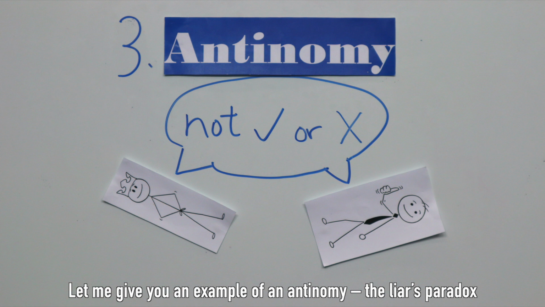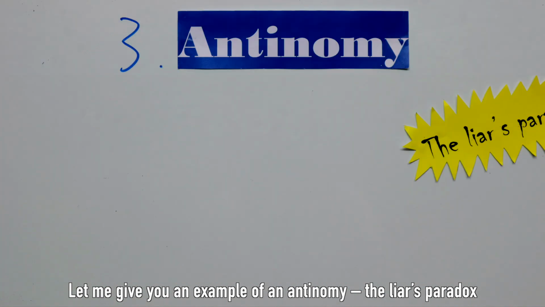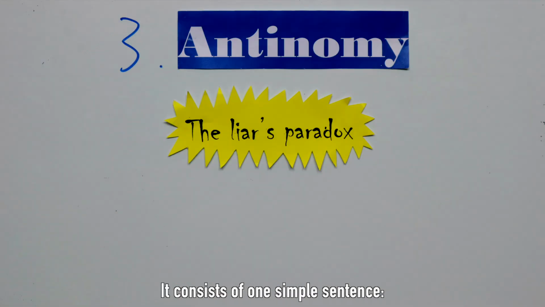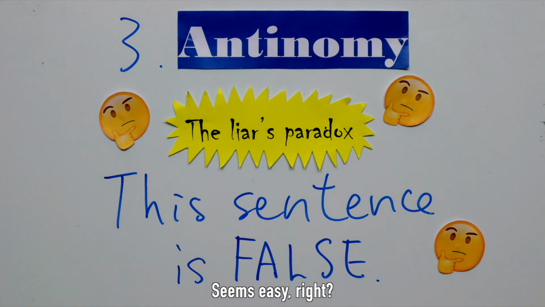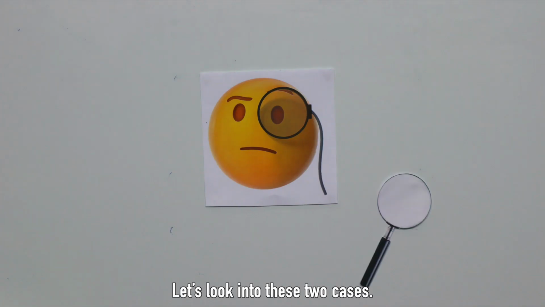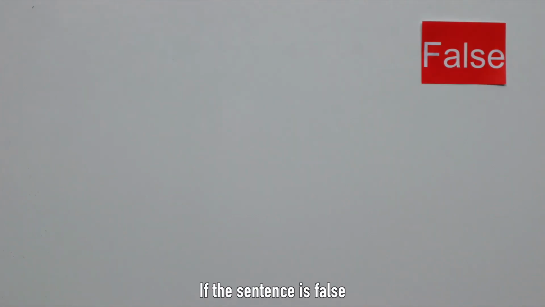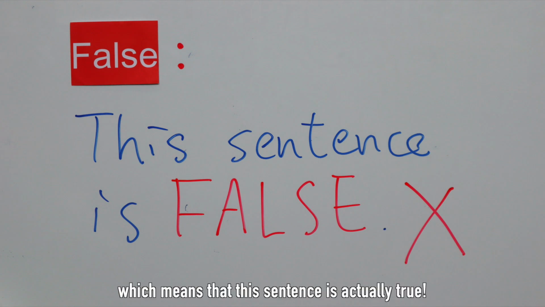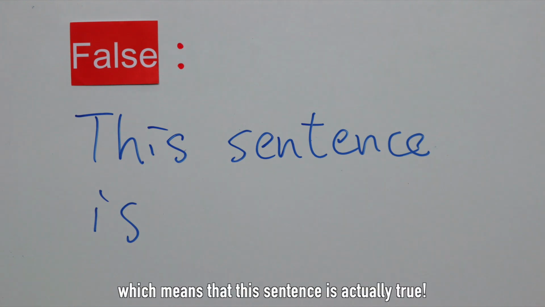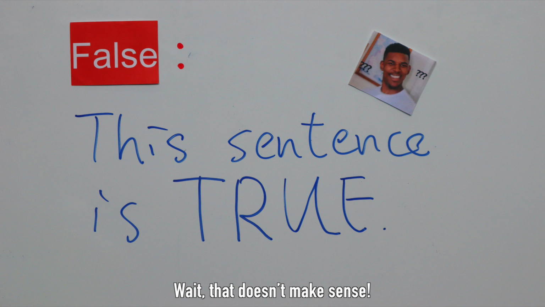Let me give you an example of an antinomy, the liar's paradox. It consists of one simple sentence. This sentence is false. Seems easy, right? Let's look into these two cases. If the sentence is false, then the statement, this sentence is false, is true, which means that this sentence is actually true. Wait, that doesn't make sense.